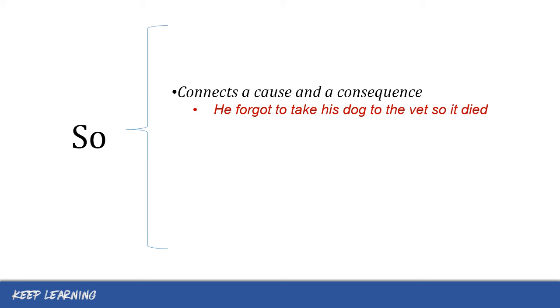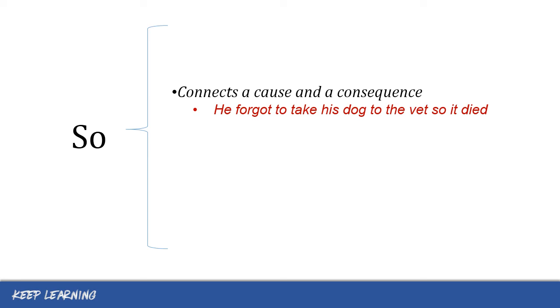So as you can see, it's a consequence. You can translate so as entonces, por eso, así, así que. Those are good translations for so. Anyway, it connects a cause and a consequence.